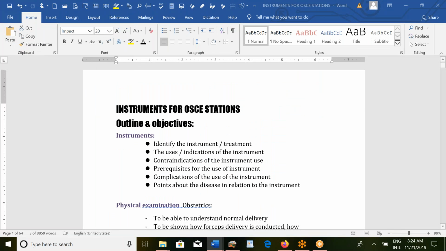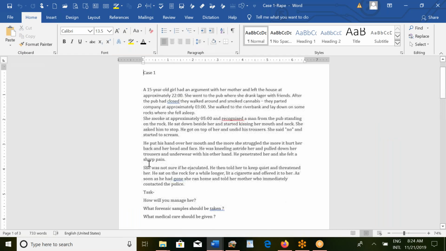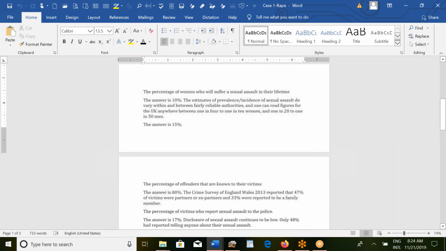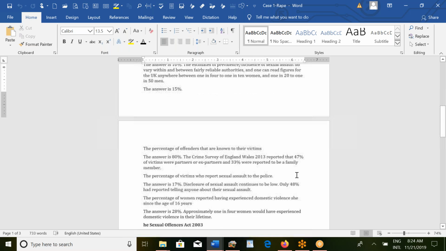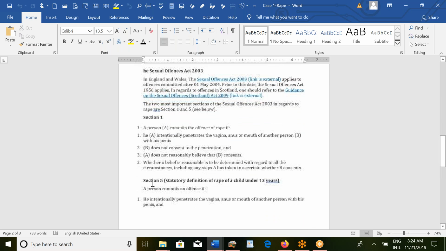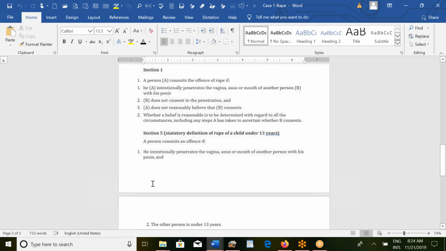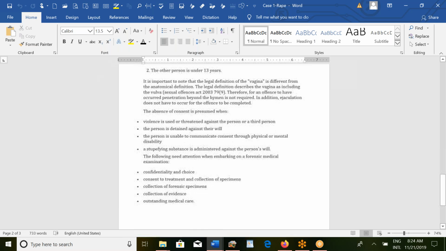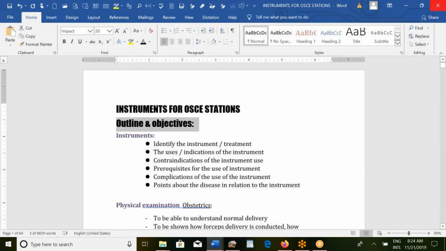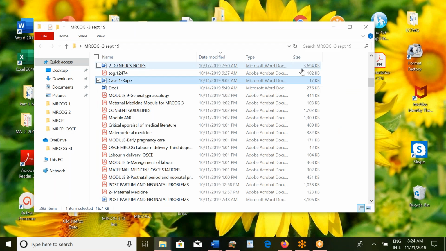Then there are a few things to discuss: STIs and protection against them, HIV protection, emergency contraception, and antibiotic cover if she has any injuries or lacerations and she's bleeding. Then we have to discuss long-term contraception, and cover her with hepatitis B vaccination and hepatitis B and C screening.